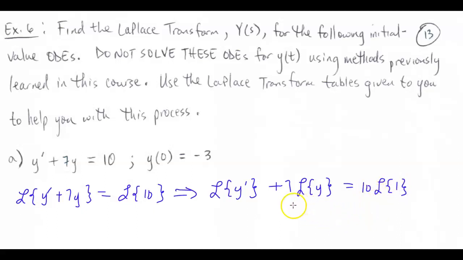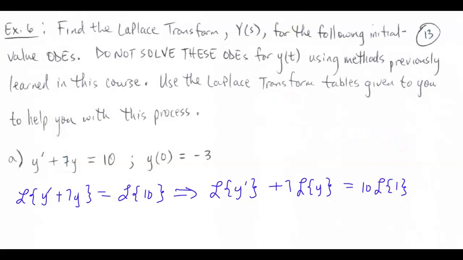Okay. And so here our goal is to figure out, what is the Laplace transform of the first derivative of our function? What's the Laplace transform of our function itself? And what's going to be the Laplace transform of 1?